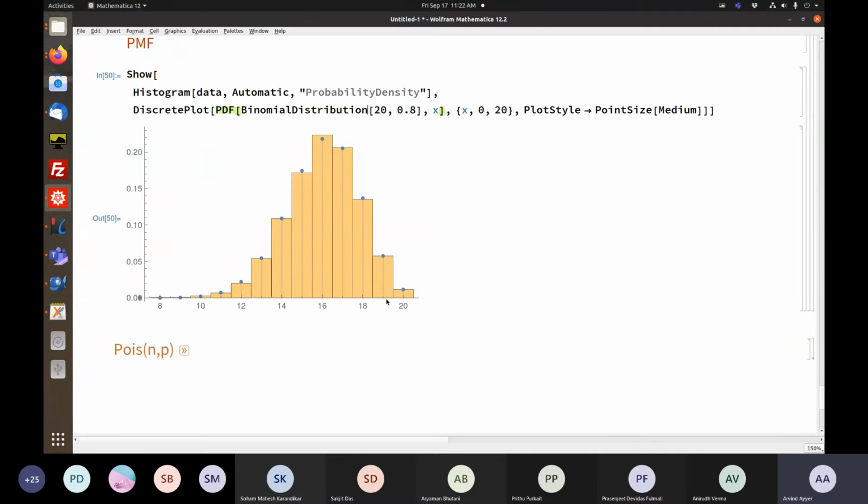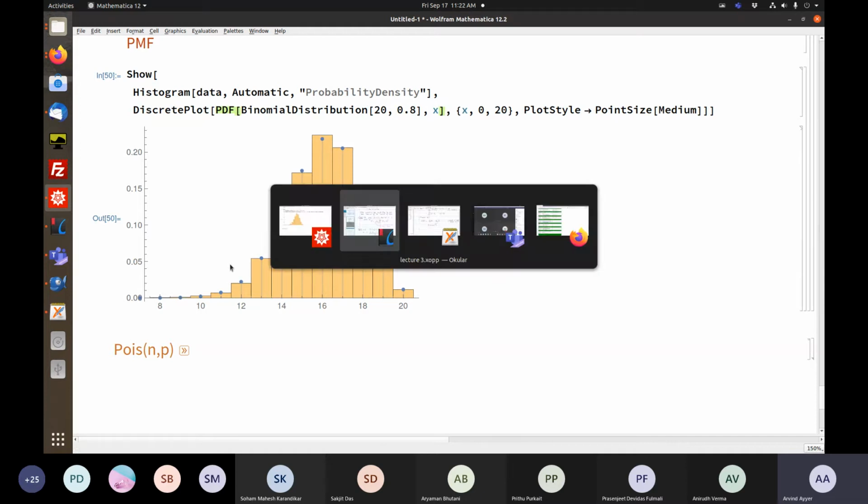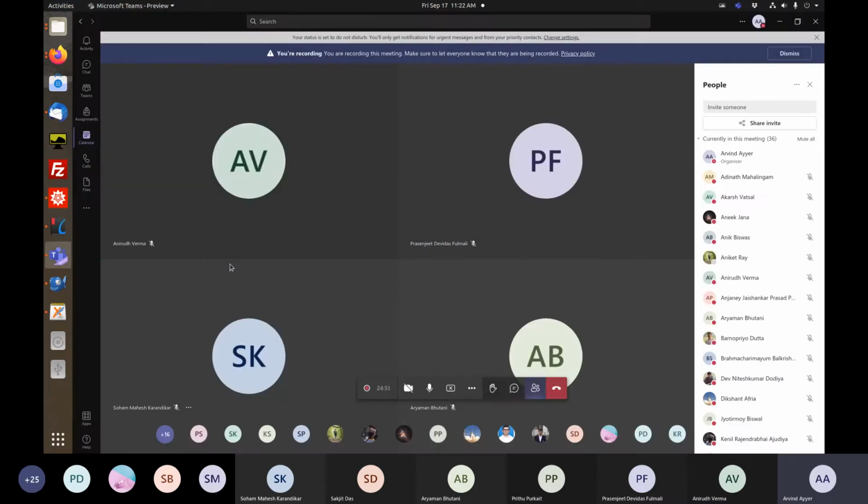It's not symmetric, as you can see, because p is not 0.5. You see the numbers kind of match. So 0.02 here, which is very close to 0, etc. But it's not exact. You see there's a mismatch here, for example, and here as well. But some numbers seem to match quite well. Okay. Any questions about this?